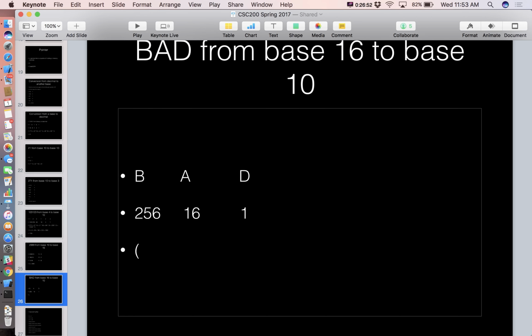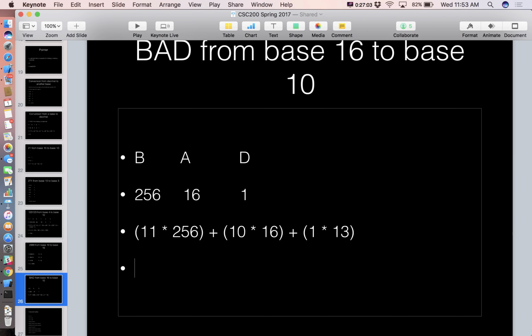So we do the math: 11 times 256 plus 10 times 16 plus 1 times 13, and this should give us 2989. So that's going back the other direction.